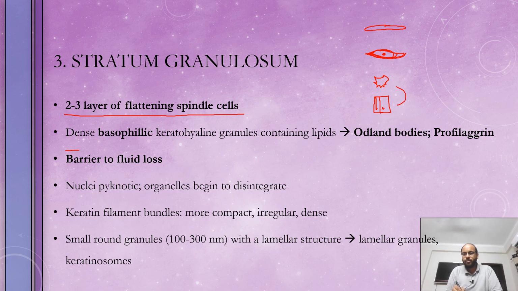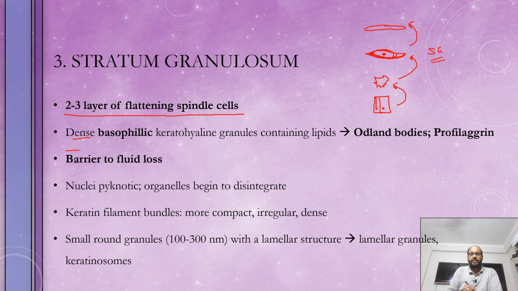That is how the cell moves from basal upwards. At the level of stratum granulosum, you have flattened spindle cells, and that cell layer is 2 to 3 layers thick. Now the granules, and that is why the name comes from the granules, stratum granulosum.